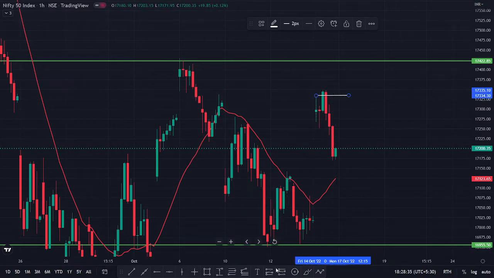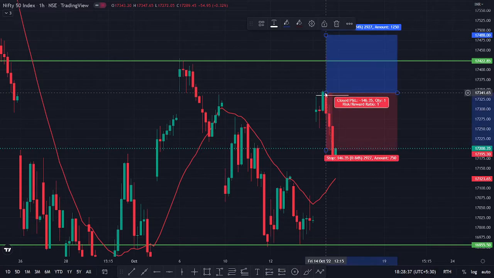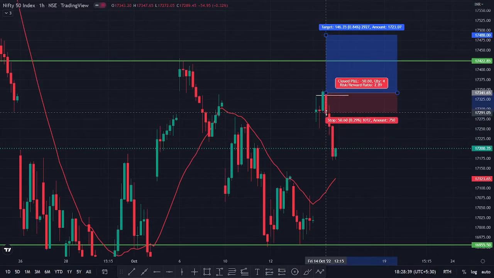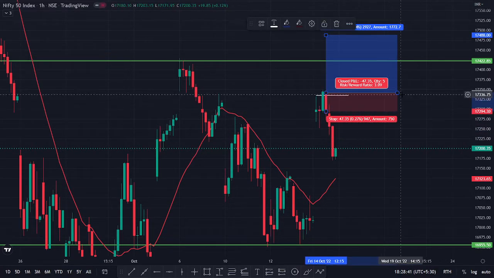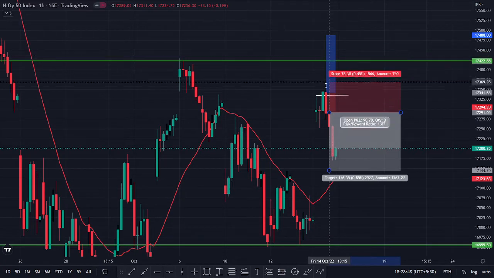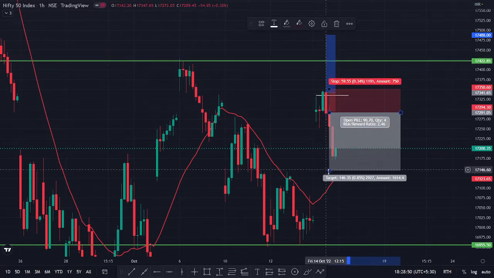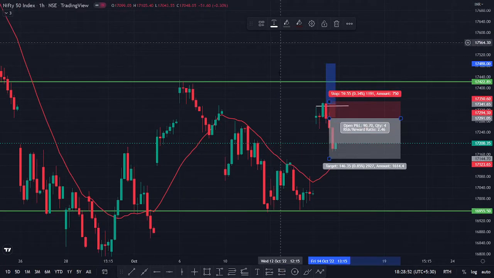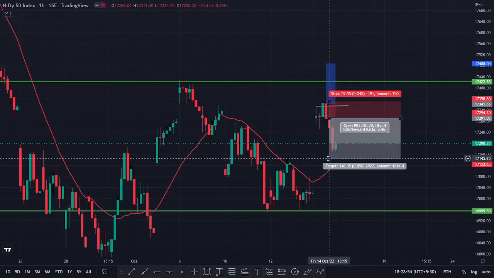So many people would have gone long here. Before going to the 5-minute time frame, many people would have gone long here, but sadly that was a manipulation. So when the stop loss got hit, people would have started to take selling positions. If those people were smart, they would have started to take selling positions, and they will target till this next resistance zone.